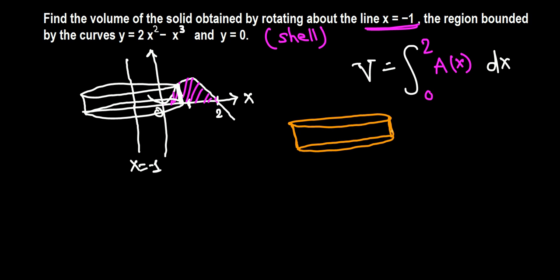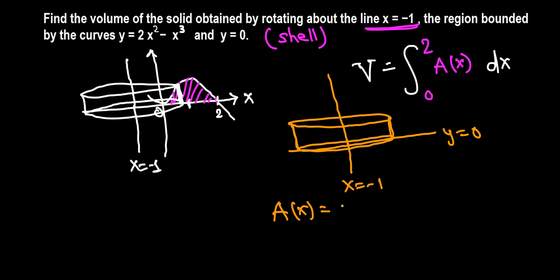I get a shell here, and the axis of rotation, this is x equals -1, and the x-axis is here. That's y equals 0, or the x-axis. Now to find the surface area of this cylinder in terms of x, the formula is 2 pi r h. r is the radius of the cylinder, h is the height.